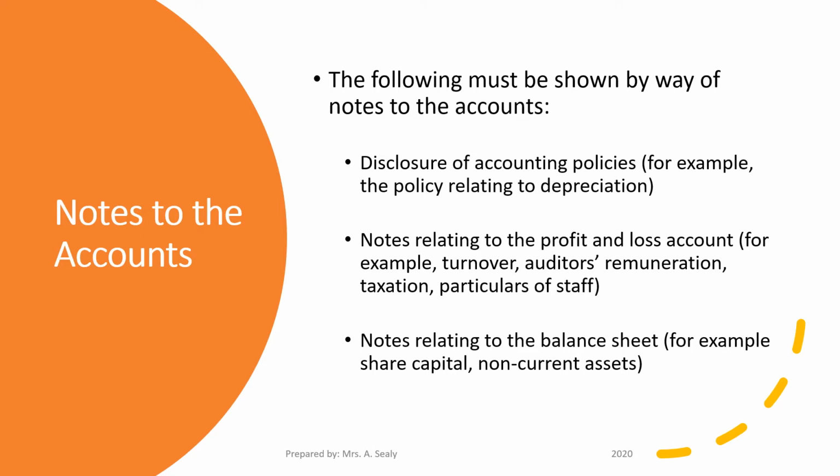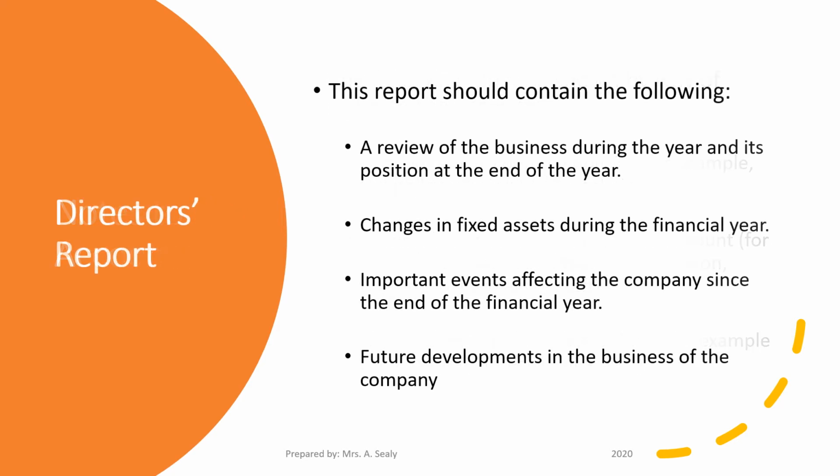How did we arrive at the figures for the year? At the beginning, the additions during the year to the cost and the original cost. How did we come up with the final figure that is there on our statement of financial position with respect to our non-current assets? Then we also have the director's report.